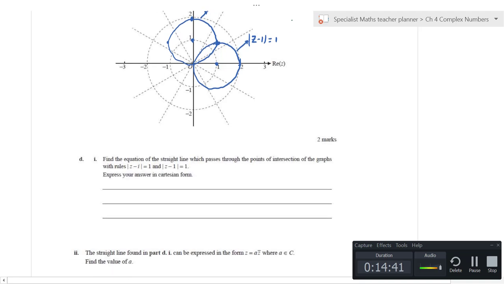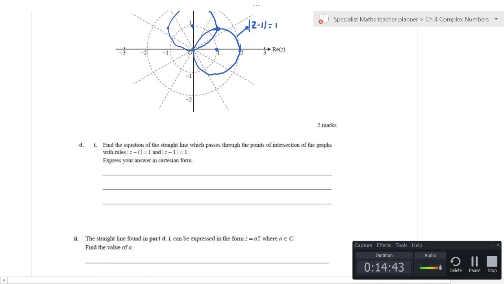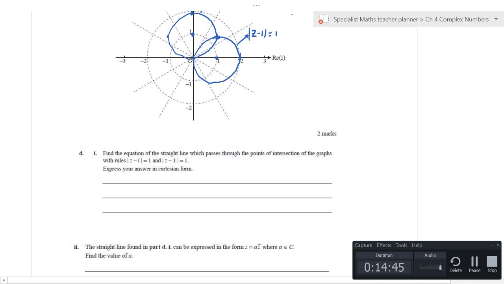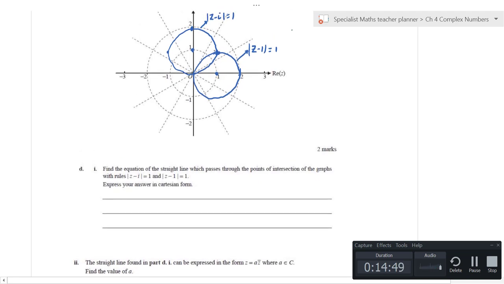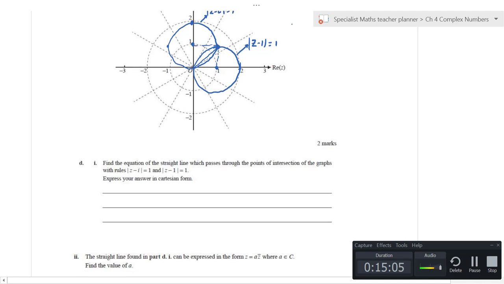Find the equation of the straight line which passes through the points of intersection. Well, wouldn't you think that if I've got this point here, 1, 1, then that line here, okay, we've got a rise of 1, and we've got a run of 1, and it goes through the origin.